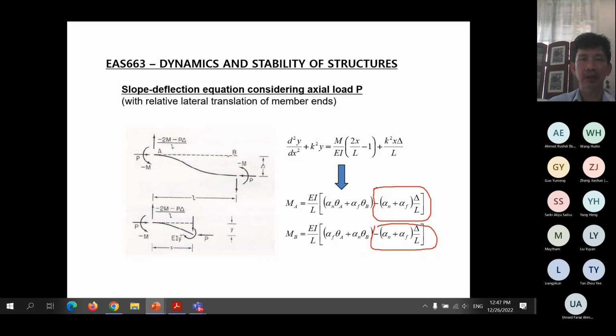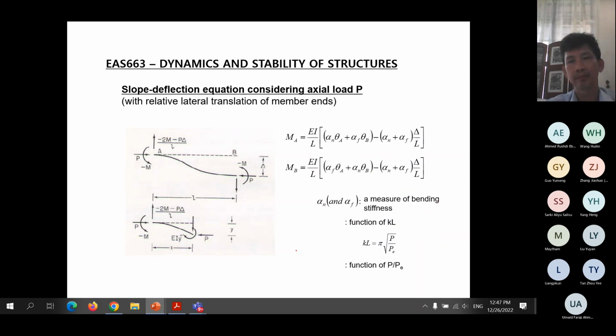Through the derivations, we can prove that the additional end moment is equal for both this end and this end. Then it is given by this equation here, minus alpha n plus alpha f times delta over L. Delta is the relative end translation, and L is the length of that member. So this set of equations is what we need to use when we want to solve a problem to determine critical load using slope deflection equations.